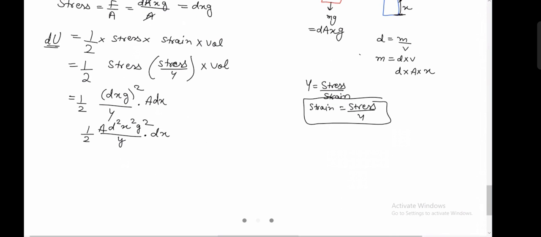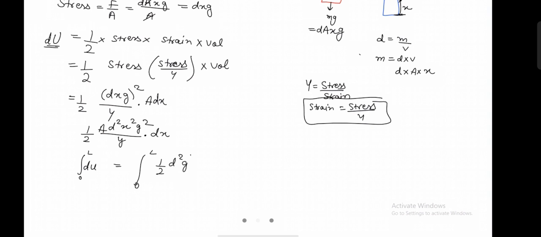Let's integrate it. So on both sides, if I'm going to integrate dU, I'm going to put the limit from 0 to length L. In that case I will be writing the integration from 0 to L of half d squared g squared a upon Y and then x squared dx.